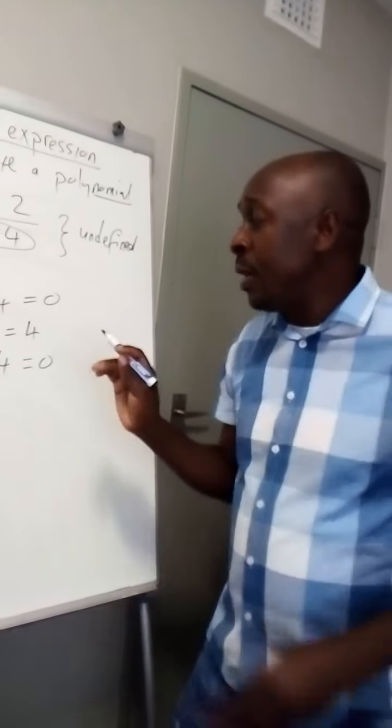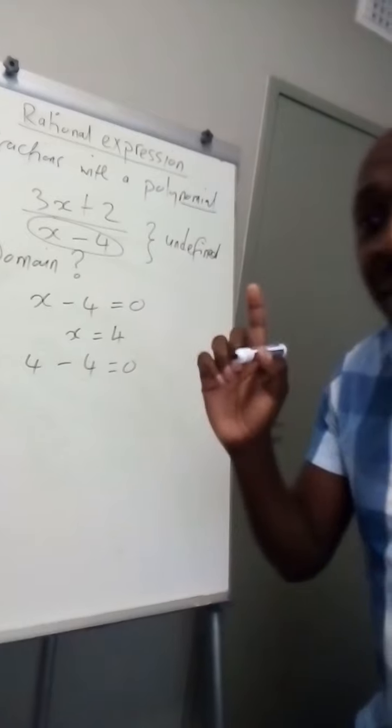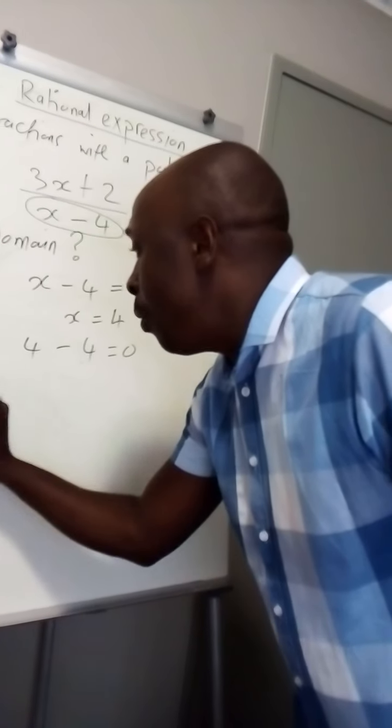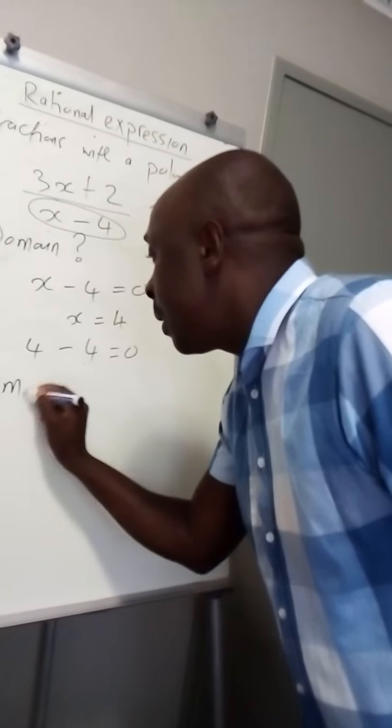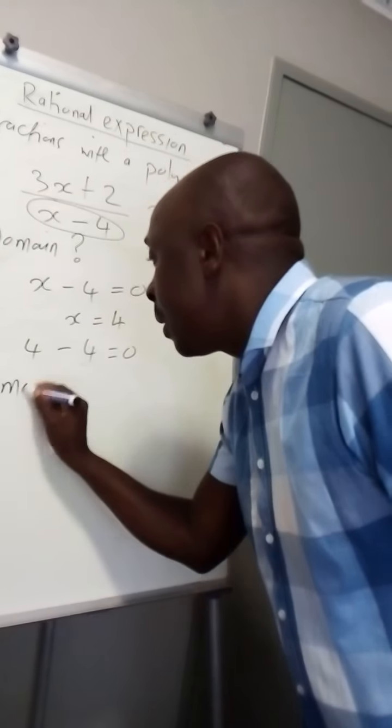The domain is all numbers except 4. All numbers which you can use except 4. Why? Because if we have 4, our denominator is 0, and this will become undefined.